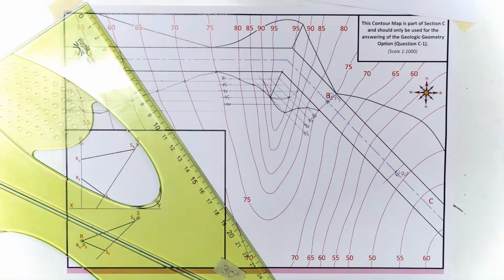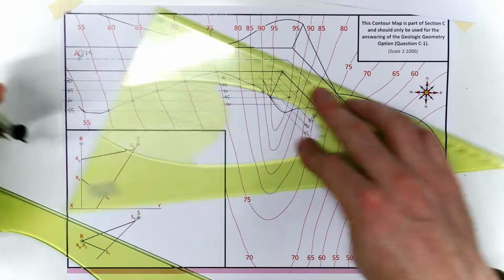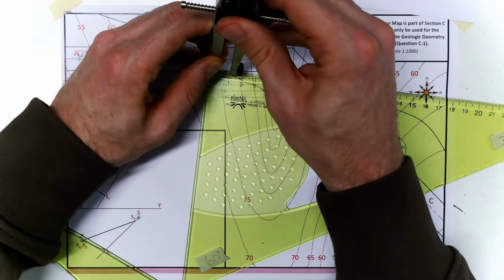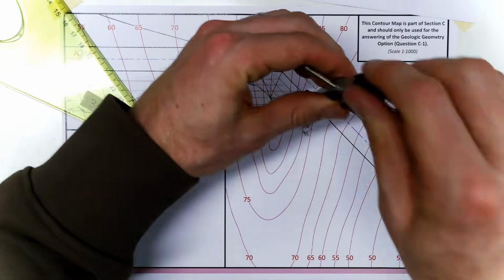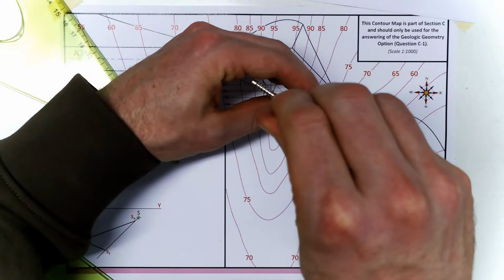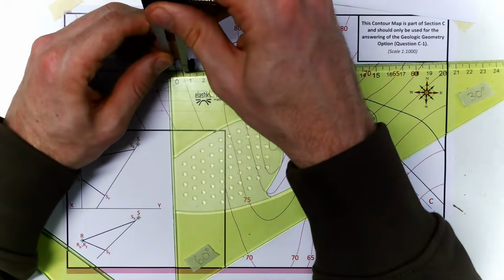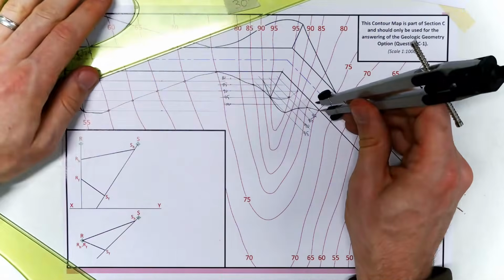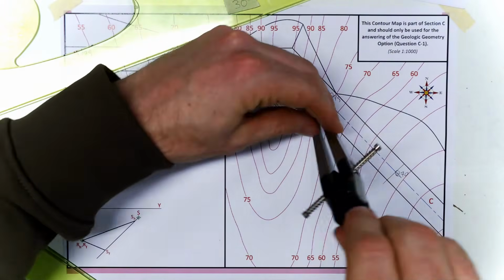Sorry. So 7.5 right here, and we'll draw our, it's too big, 12.5, so 7.5, draw my cone.